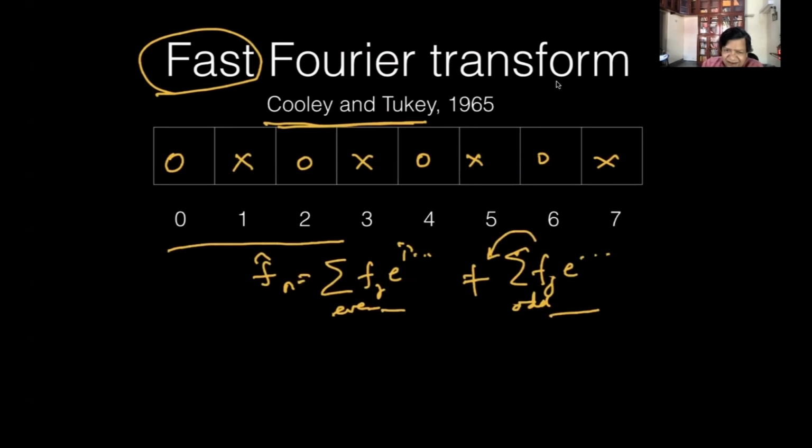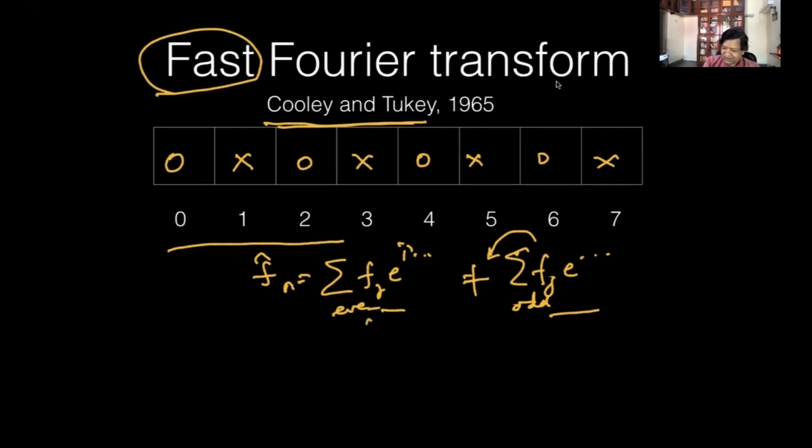Okay, so that's the trick. You can write this big data with 8 points as 2 smaller series which run from 0 to N by 2 minus 1. Okay, so we have taken a bigger problem and reduced it to a smaller problem.